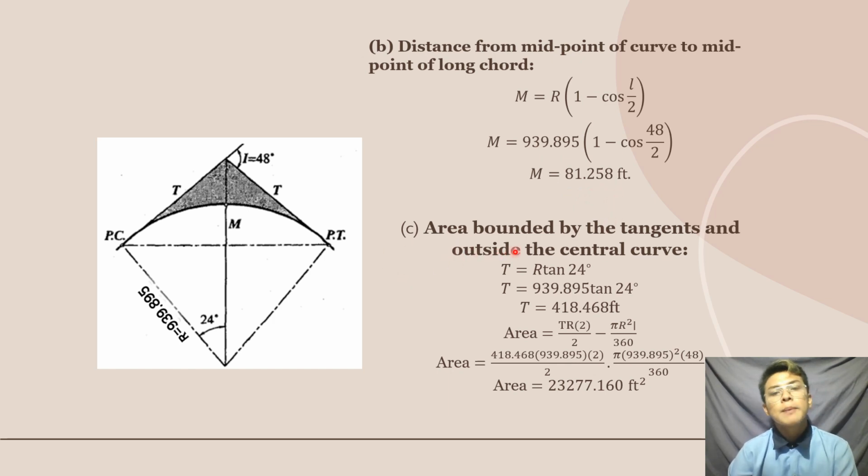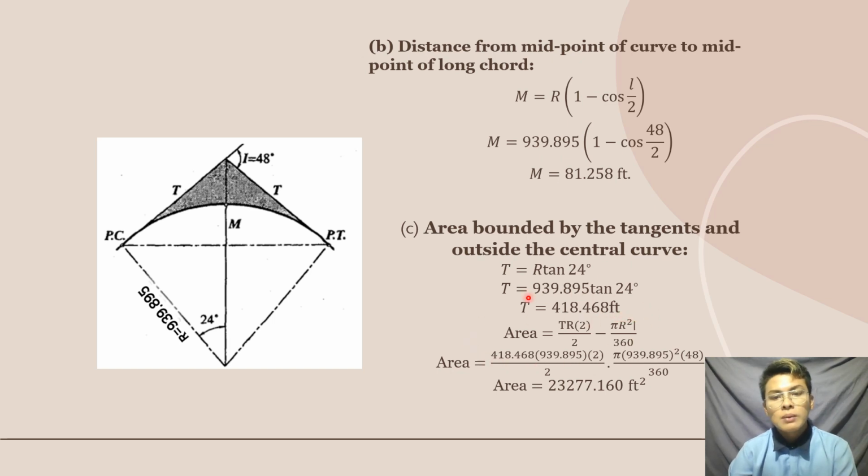Next is the area bounded by the tangents and the outside central curve. Before we get our area, we must get first our tangent using the formula T is equal to R tangent 24. Substituting the value of our radius of the curve 939.895, we will get T is equal to 418.468 feet.